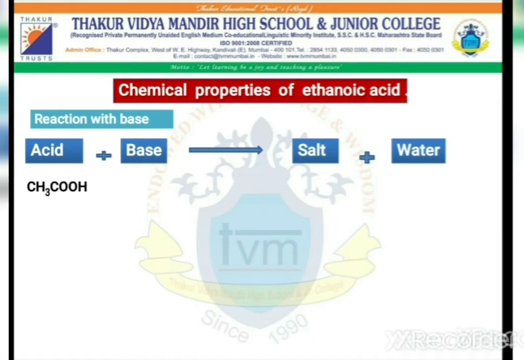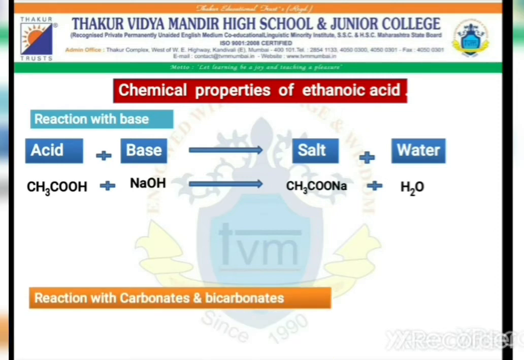Acetic acid, that is CH3COOH, reacts with a base, that is sodium hydroxide, and gives you a salt. Here the hydrogen atom from acetic acid is replaced by Na and I am getting CH3COONa. Since Na is present at the last, it is called sodium acetate, plus a water molecule. So this is the reaction of a base with acetic acid.